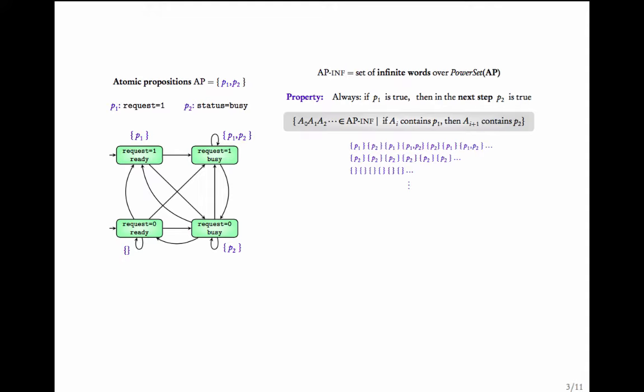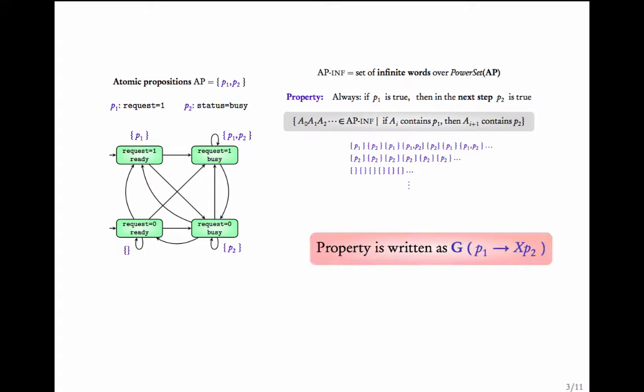How do we specify such properties? Let me introduce the X operator. For always, we have G. So G of P1 implies X P2.